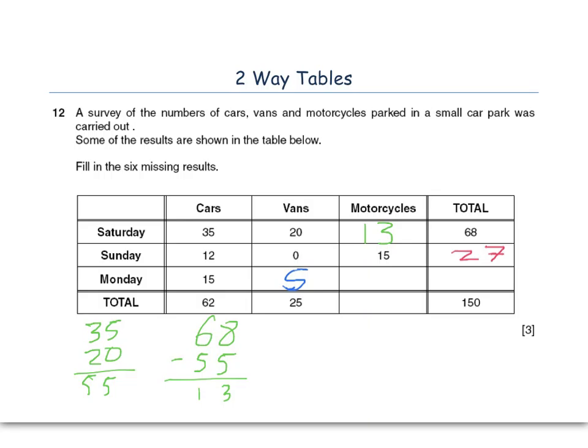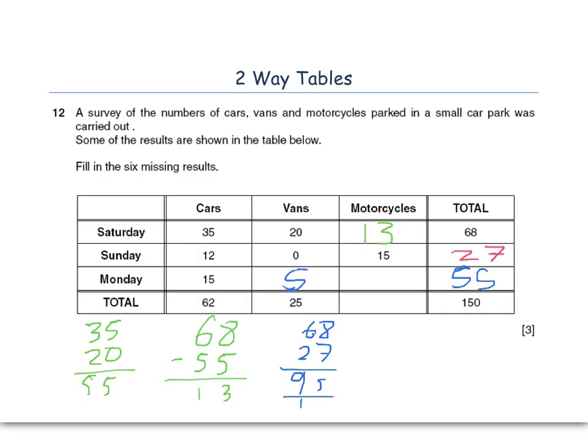Now, we want to find out how many vehicles there was on Monday, which means we want to add the 2 we've got together and see what we need to get to 150. So 68 and 27, well that's 95, and to get to 150 we need 55.